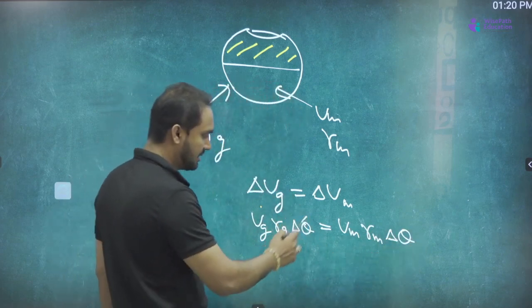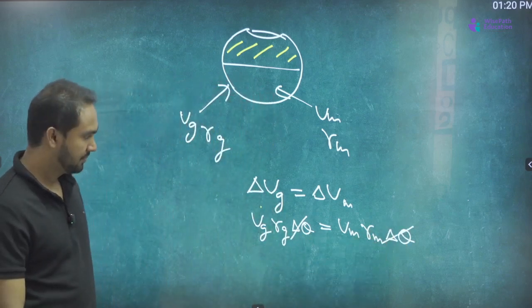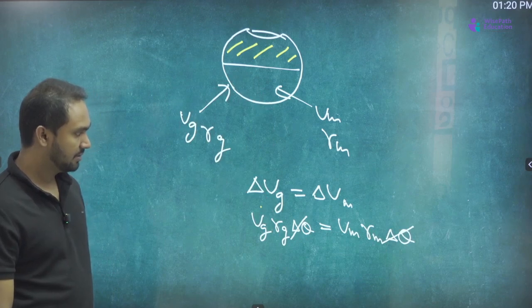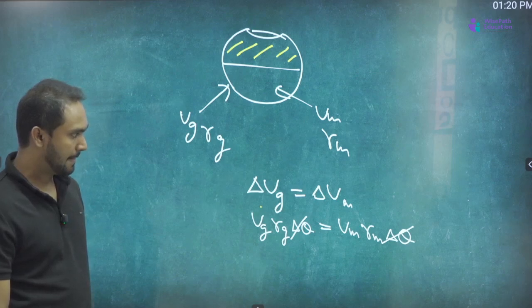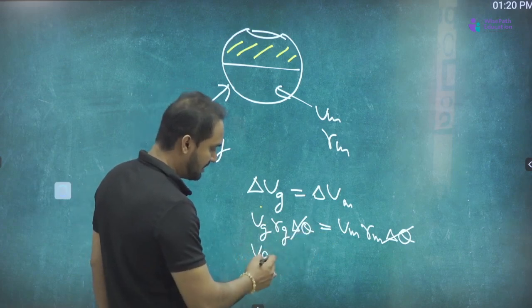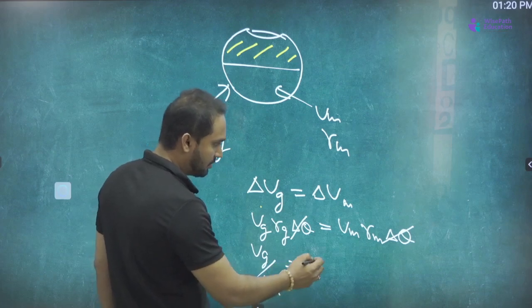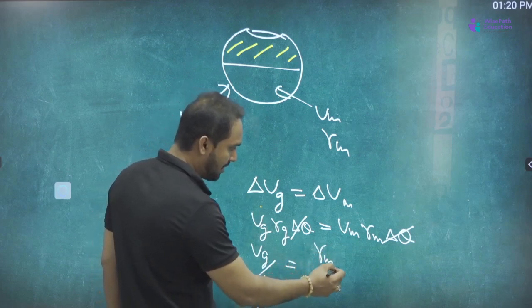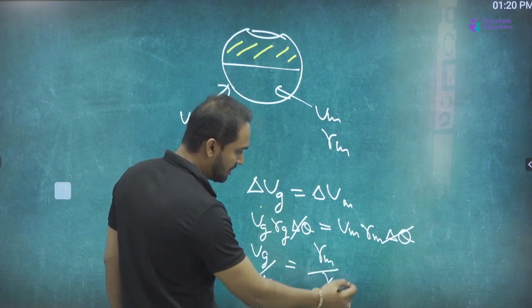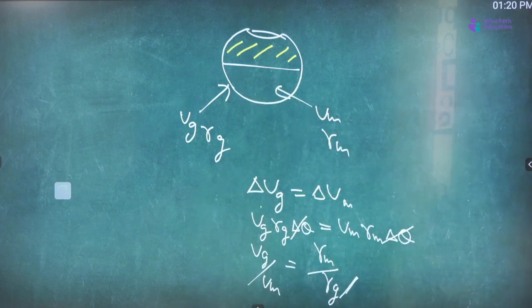So you can easily cancel out these two, right? And they are asking the Vg over Vm ratio. So the Vg over Vm ratio should equal to what? Gamma m over gamma g, right?